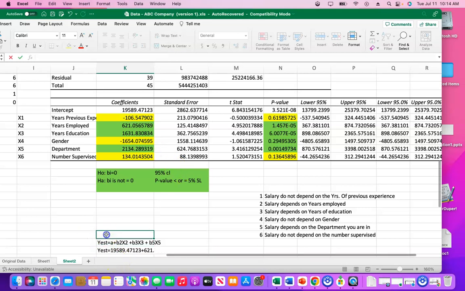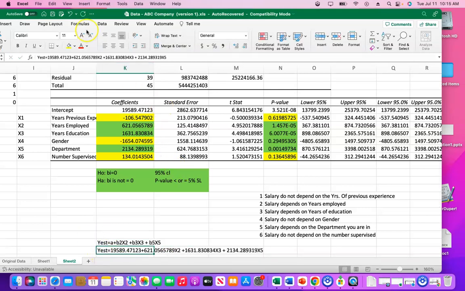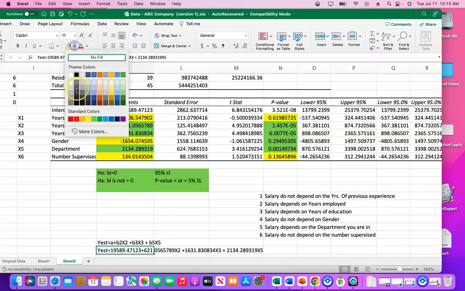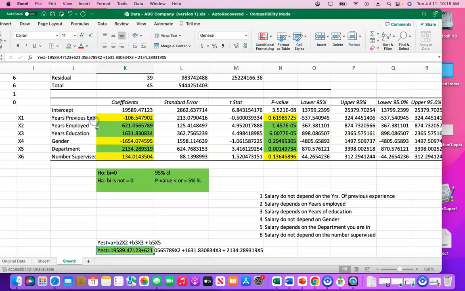So that is our model, which includes only the significant variables.